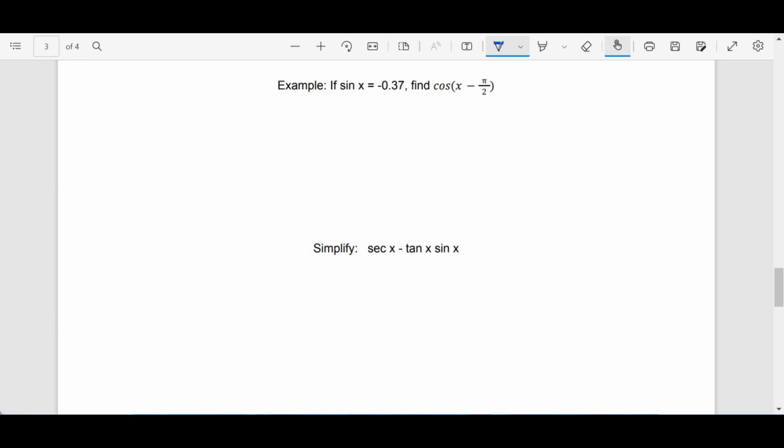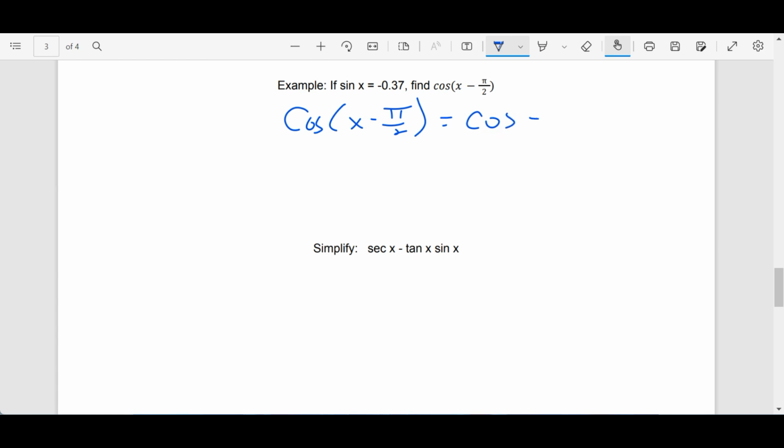So if sine x is equal to negative 0.37, find cosine of x minus pi over 2. Now, to make it clear, we'll start with cosine of x minus pi over 2. Now, look at your rule. It's pi over 2 minus theta, or x, or whatever your input is. So I need to flip that in order to use my rule.